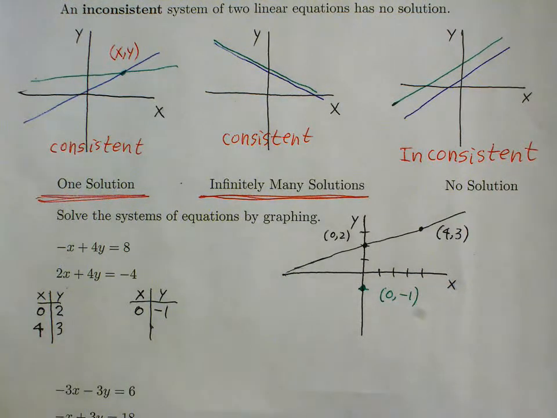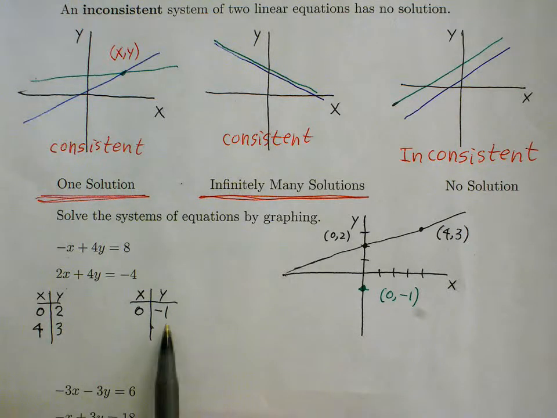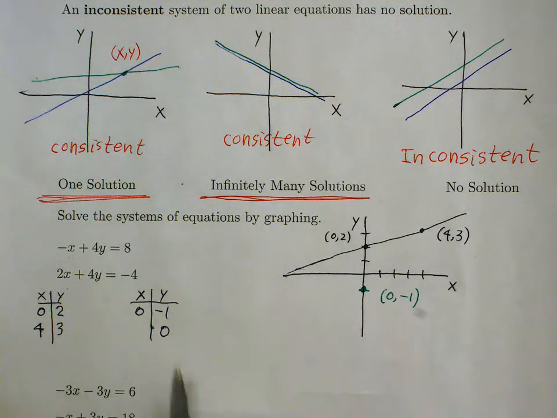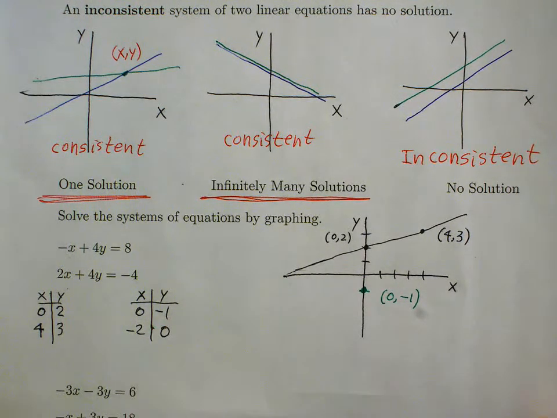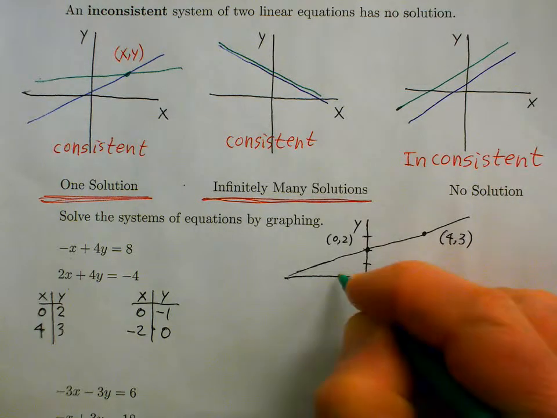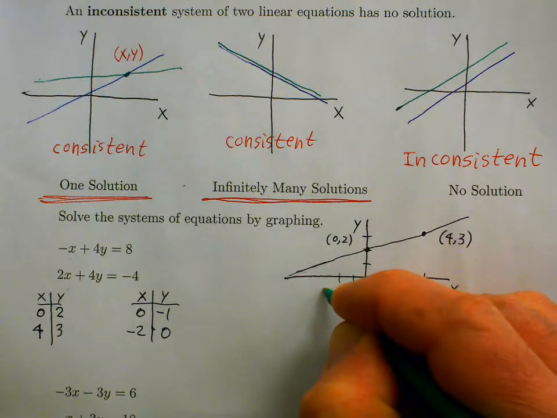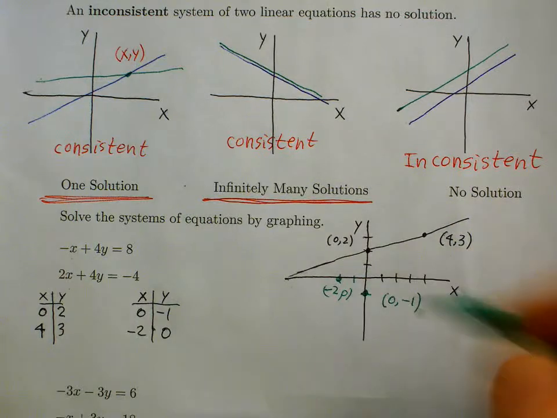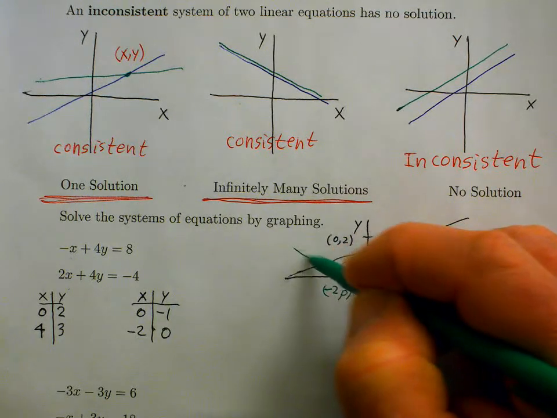And then if we find the x-intercept when y is 0, we're left with 2x equals -4, so x equals -2. And so we get the ordered pair -2, 0. And then draw a straight line through those 2 points.